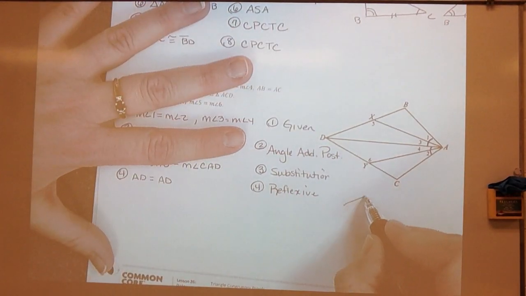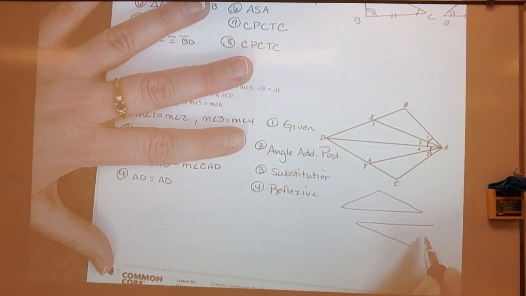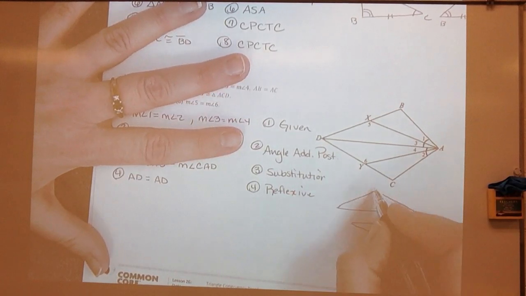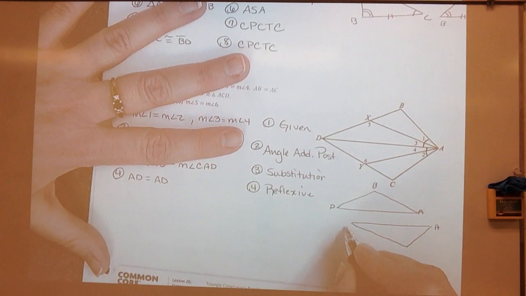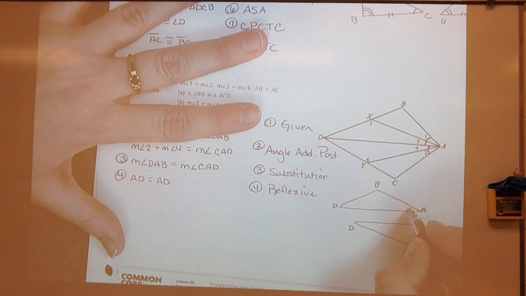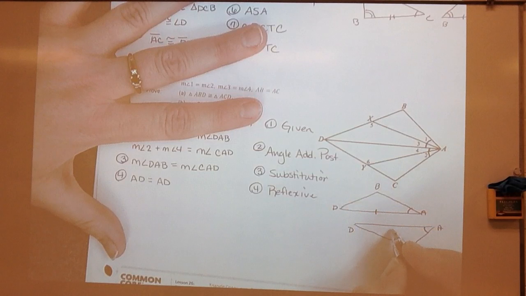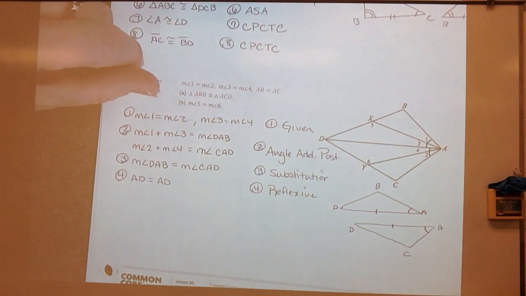At this point, I'm going to separate my triangles here, just so I can visualize what's happening. So I have BDA and ADC. I know that DAB is equal to DAC. I know that DA is equal to DA.